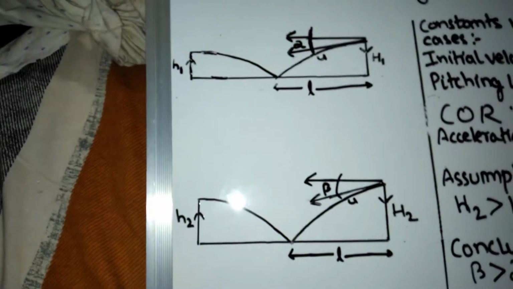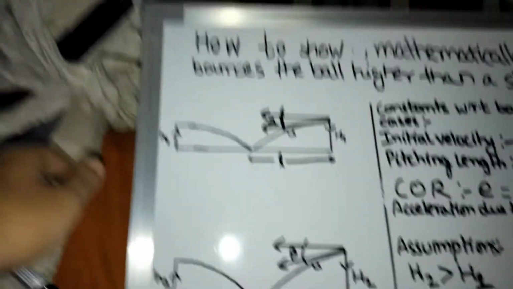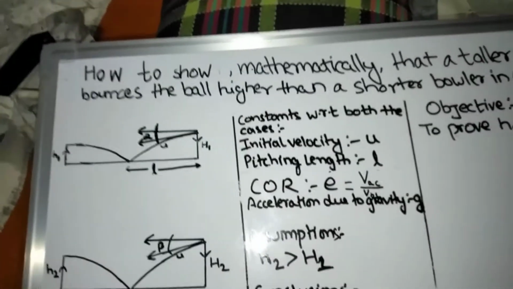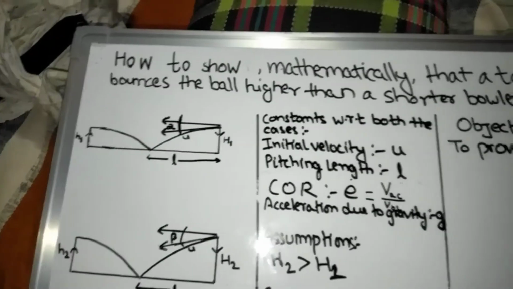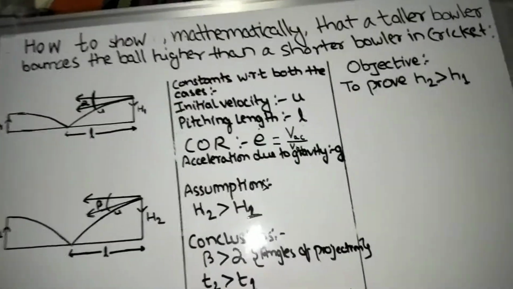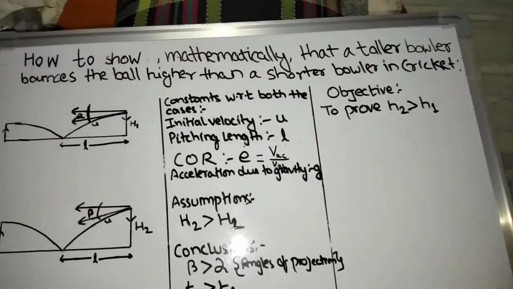This is what we are supposed to prove to show mathematically that a taller bowler bounces the ball higher than a shorter bowler. Let's see how to do it.